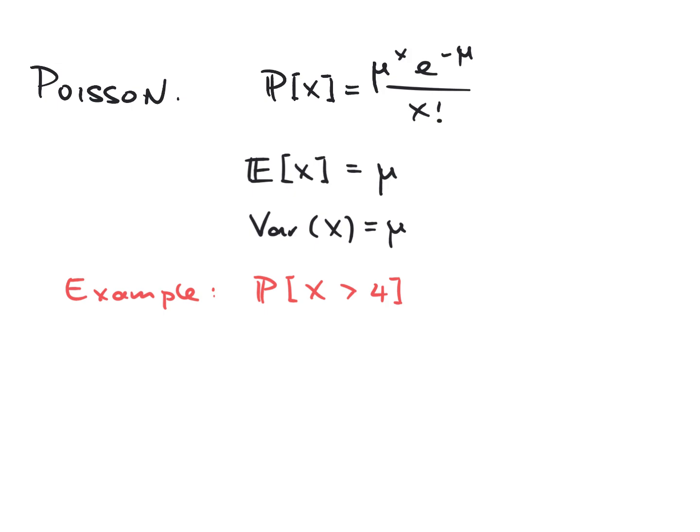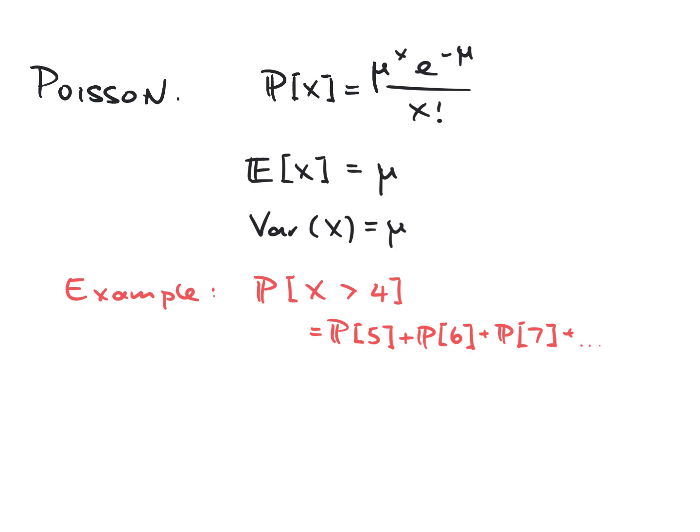You cannot actually calculate that directly, because that would mean you have to calculate the probability that X is 5 plus the probability that X is 6 plus the probability that X is 7, and you have to keep going and going indefinitely, because in principle, 1,000 events could occur within the time period, or 1 billion events.